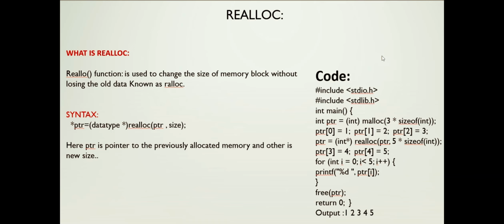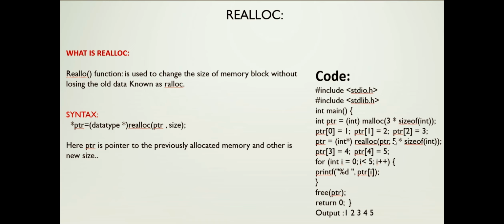Code for the realloc: hash include stdio.h, hash include stdlib.h, int main. We are declaring the malloc here of size 3, and 1, 2 and 3 are stored at array indexes 0, 1 and 2. Again we are reallocating the memory by using realloc of size 5.